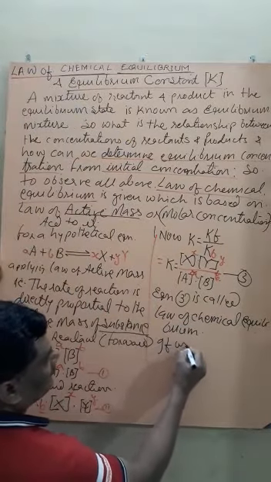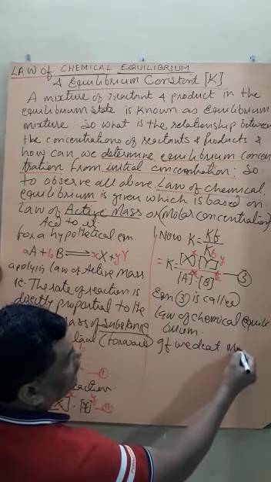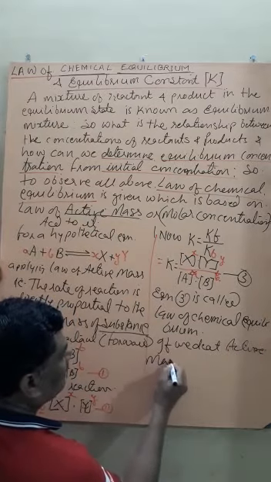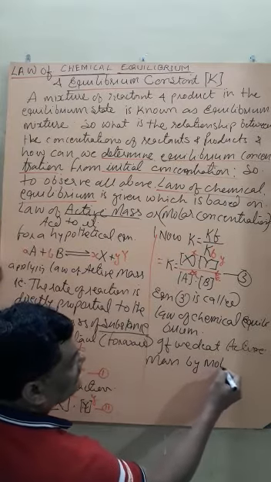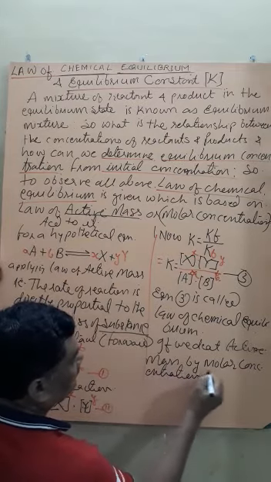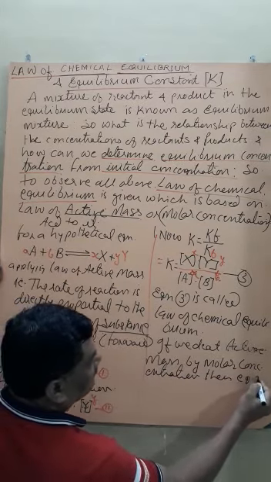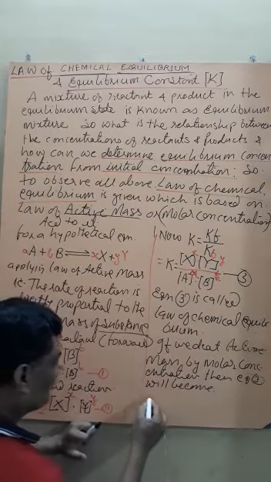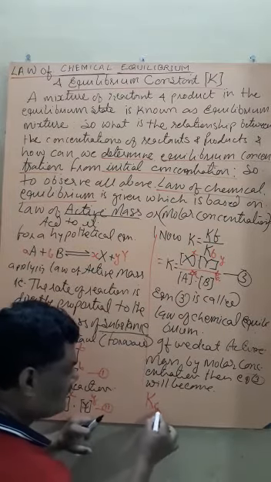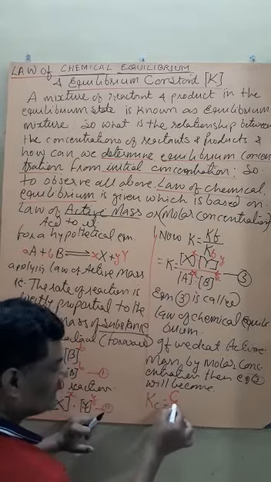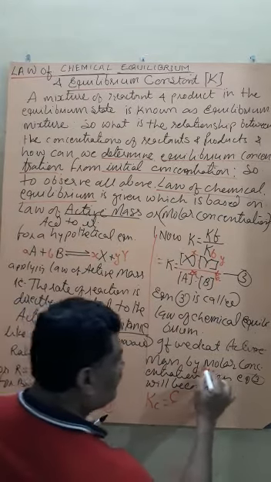If we deal with active mass as molar concentration, then equation 3 will become K, the equilibrium constant of concentration, Kc, is equal to, in place of the square bracket, you can write C, which expresses molar concentration.